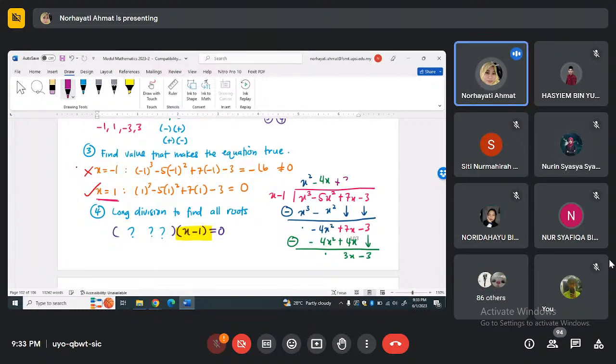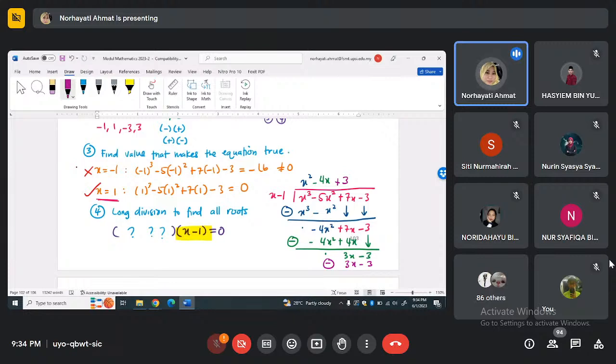Plus 3, okay? 3 times x gives us 3x. 3 times negative 1 is negative 3. So subtract this, we get 0. No more. Okay, no remainder. Tak ada lagi remainder.